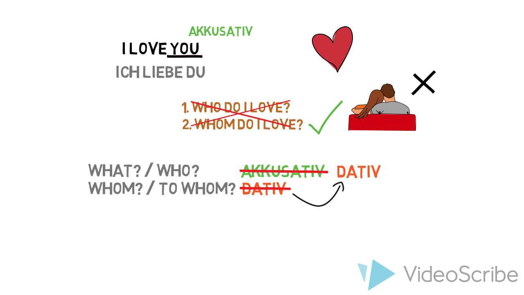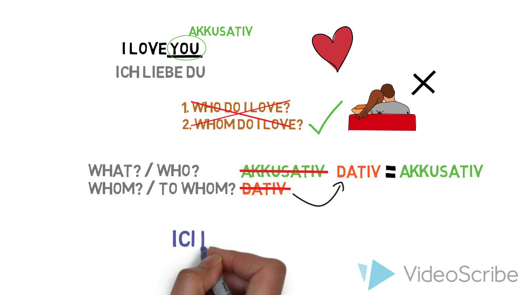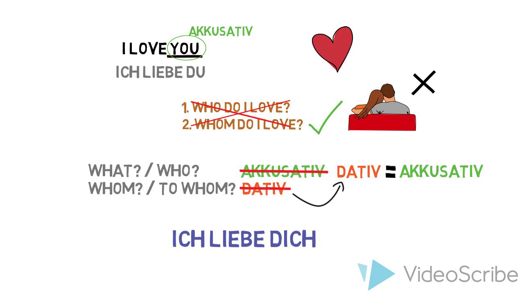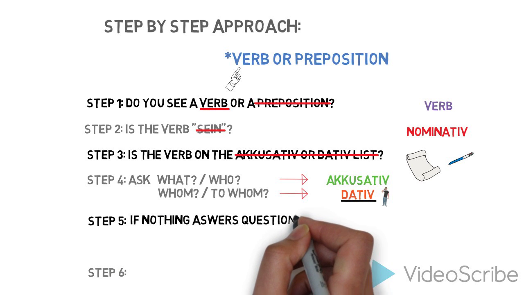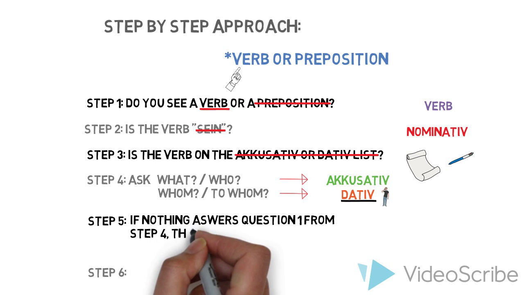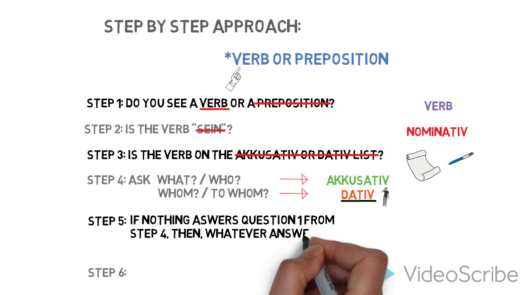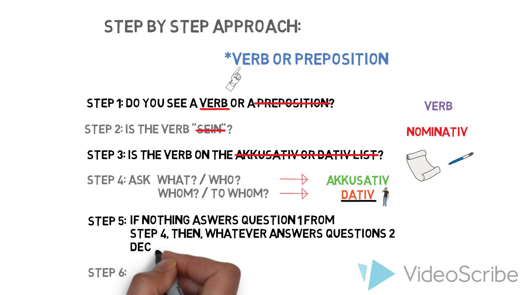Therefore, in this example, you declines in accusative instead of dative. And in the end we have Ich liebe dich. So this is step 5. If by using step number 4 nothing can answer question number 1, then whatever answers question number 2 declines in accusative.